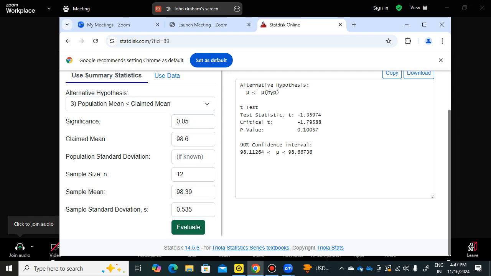Right. Now hit evaluate. Okay, test statistic of negative 1.36. Critical t is negative 1.795, so 1.8.